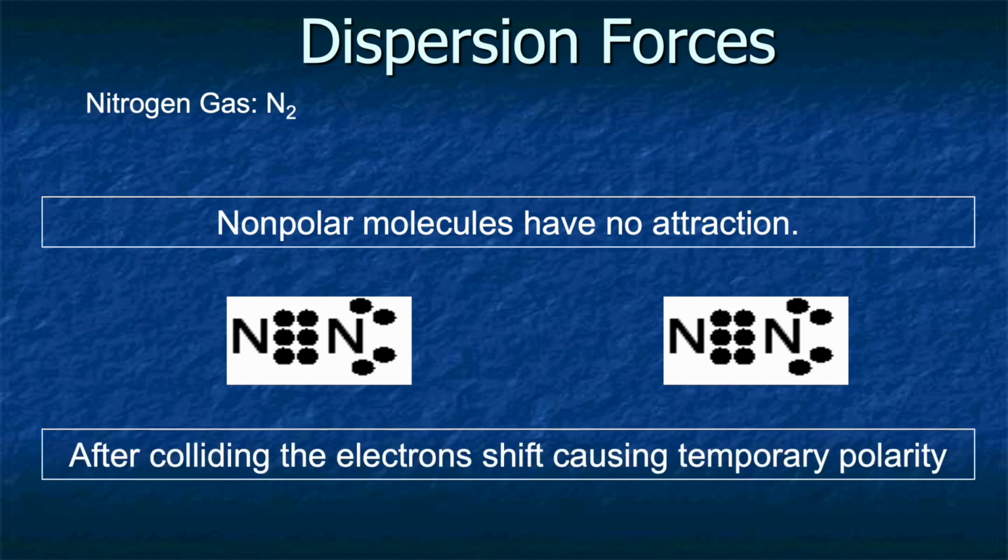But when two nonpolar molecules collide, those electrons can get shifted temporarily, giving each a temporary positive end and a temporary negative end, which can cause a weak and temporary attraction between the two nonpolar molecules.